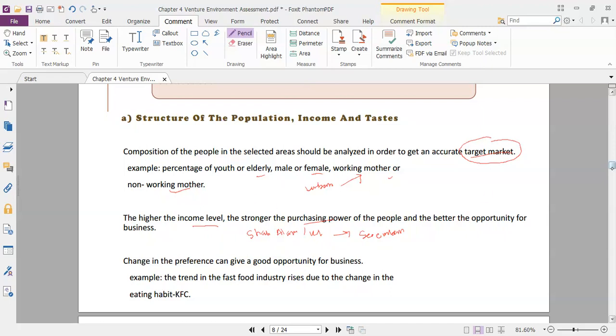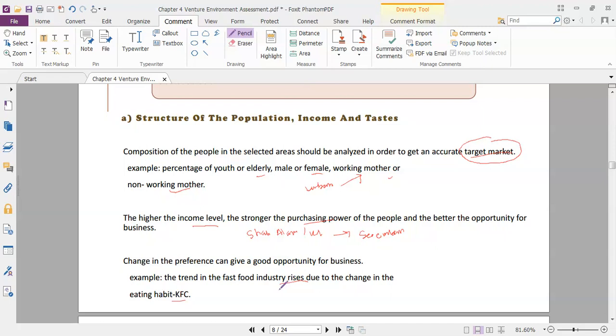Change in preference can give a good opportunity for business. For example, the trend in the fast food industry rises due to the change in eating habits, as I mentioned before. Why has the eating habit changed? Because mostly women, especially mothers, choose to work.